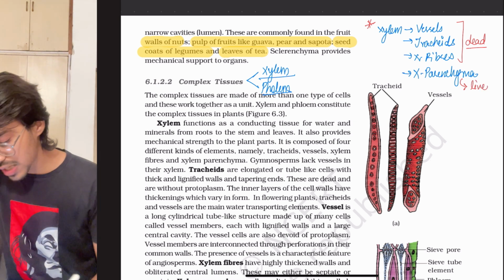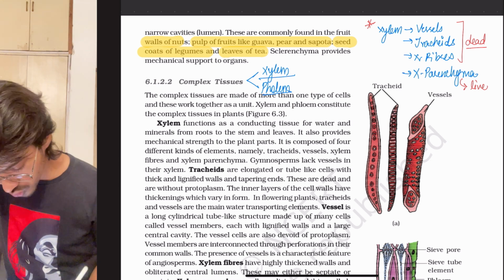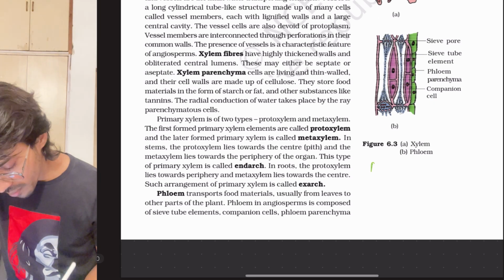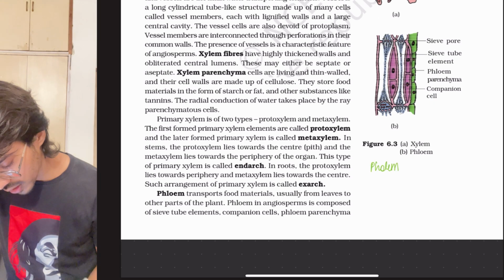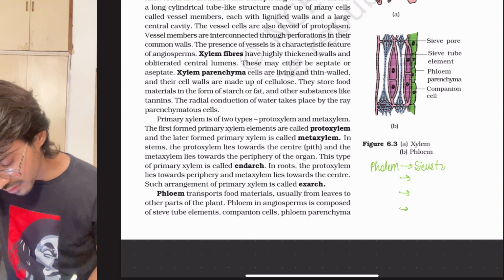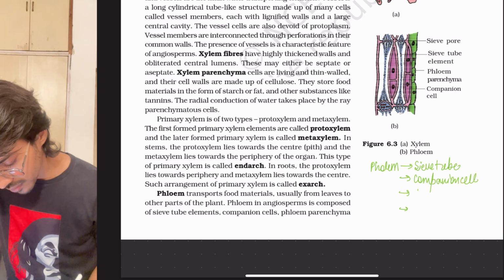A similar question will be asked for the phloem, so that I am also writing over here. Phloem also has four parts. What are the four parts? It has sieve tubes, companion cells, phloem parenchyma, and phloem fibers.